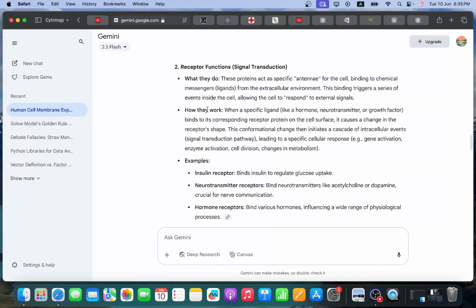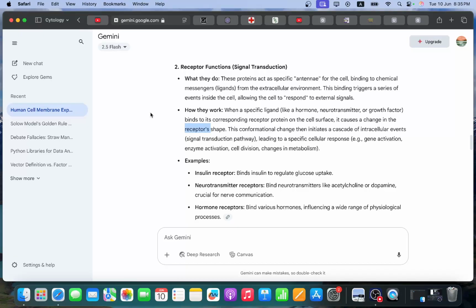Okay. How they work: when a specific ligand, like a hormone, neurotransmitter, or growth factor, binds to its corresponding receptor protein on the cell surface, it causes a change in the receptor shape. Yeah, the receptor is just going to change. Like, what is a receptor? I think glycoproteins are sort of a receptor.